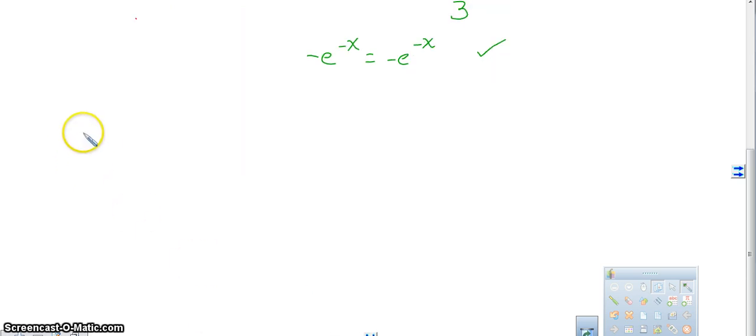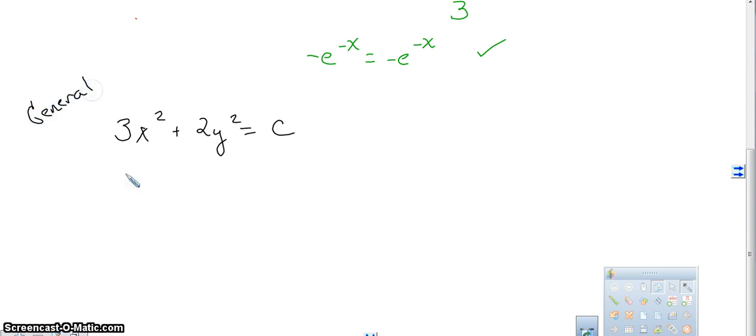All right, so I'm going to do the same thing. First, I'm going to verify that 3x squared plus 2y squared equals c is a general solution. I'm going to verify that this is a general solution to the differential equation 3x plus, nope, hold on a second.